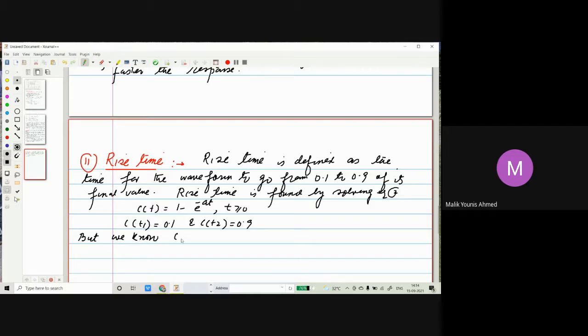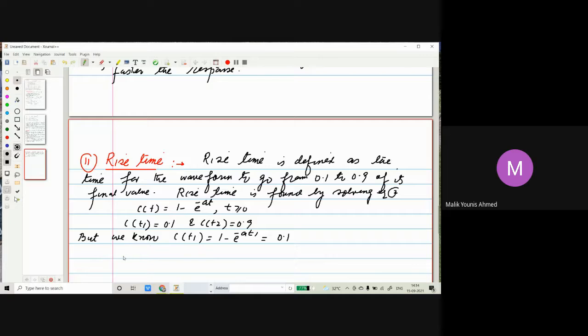But we know C of t1, so we have to substitute 1 minus e raised power minus a t1, because here it is also t1, that is equal to 0.1.